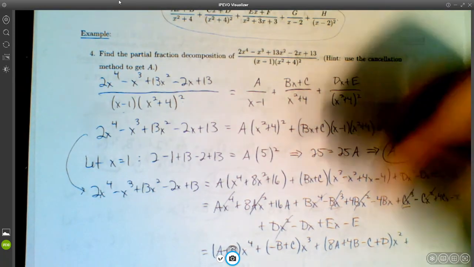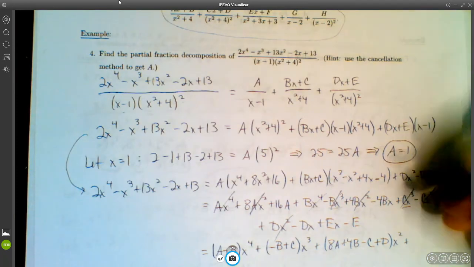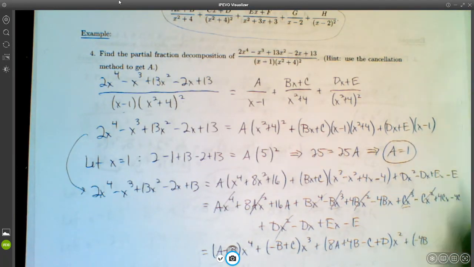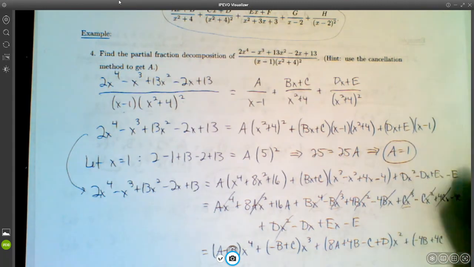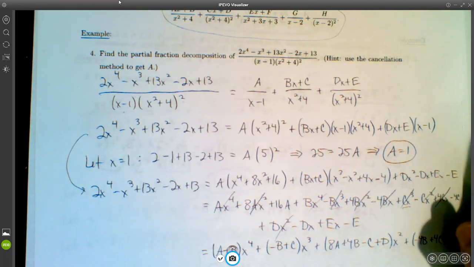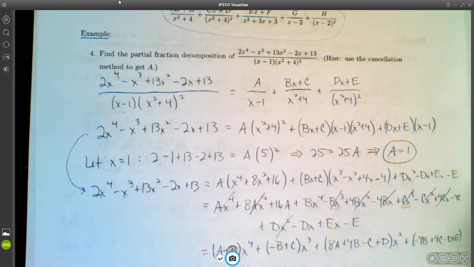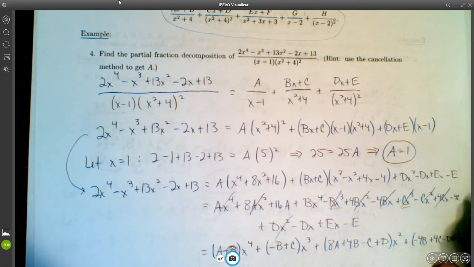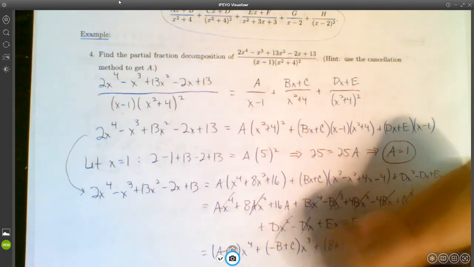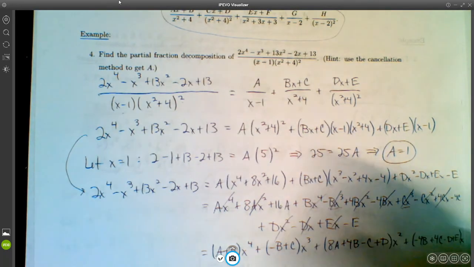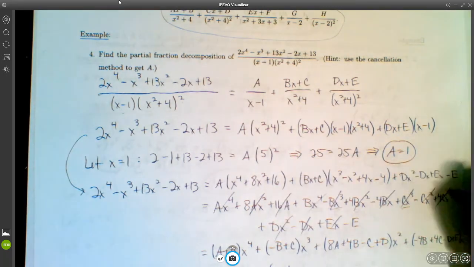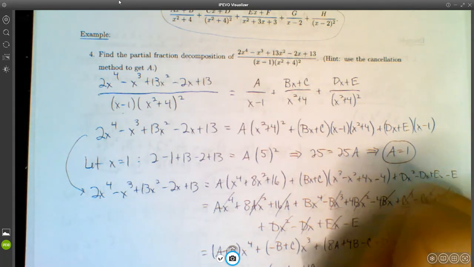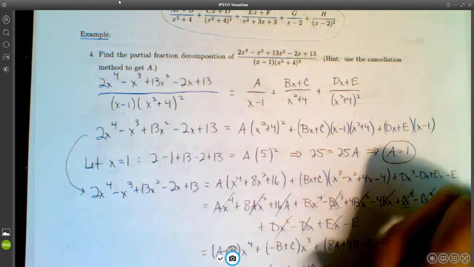I've got a negative 4b x, a 4c x, and a negative dx and a positive ex. And then where are my constant terms? My constant terms are 16a, negative 4c, and negative e. Holy schmoly.